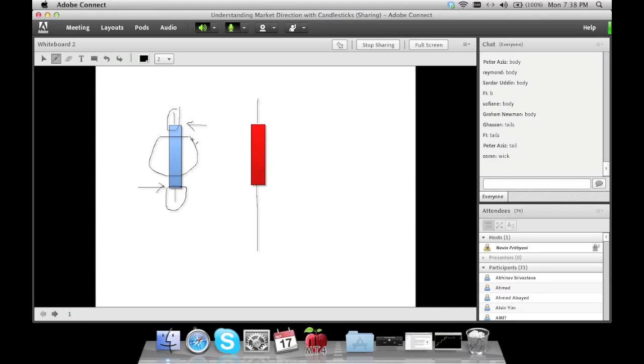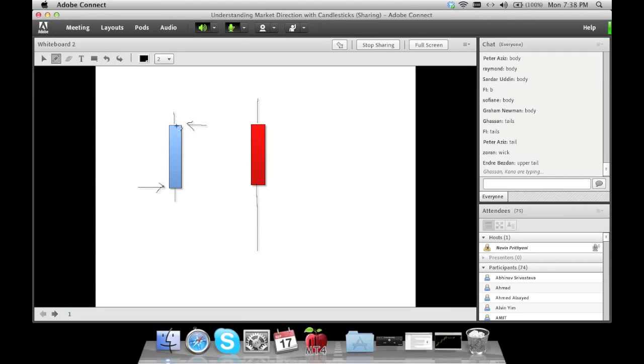What these wicks basically mean is simply this: one is the highest point the market has gone to, and the other is the lowest the market has gone to.